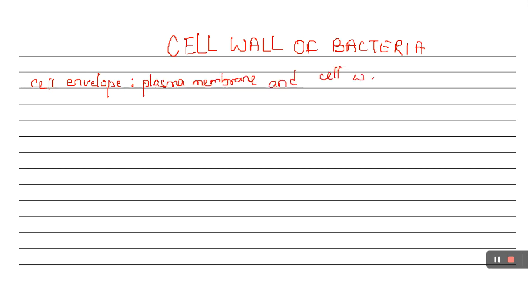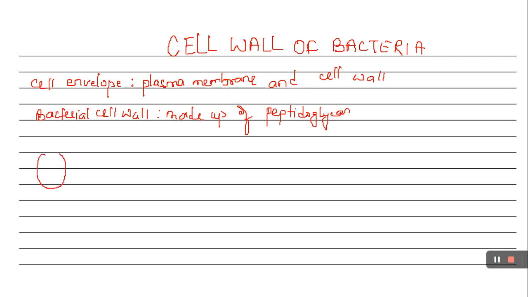The bacterial cell wall differs from other organisms by the presence of peptidoglycan. Bacterial cell wall has a special composition and is made up of peptidoglycan. This peptidoglycan is located outside of the cytoplasmic membrane.